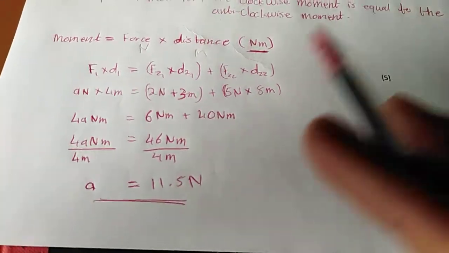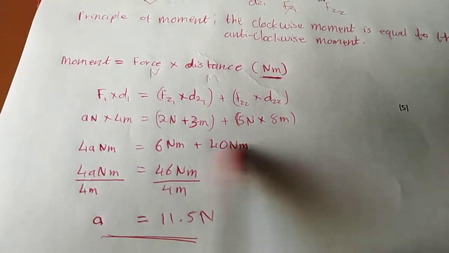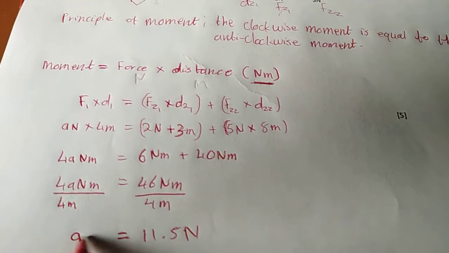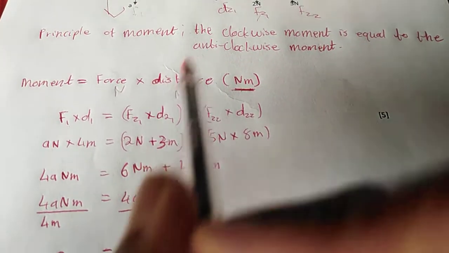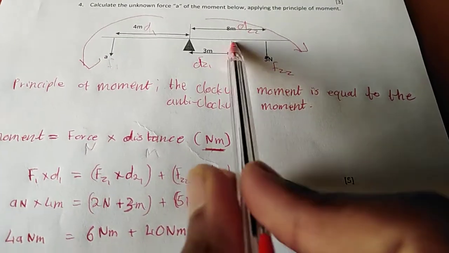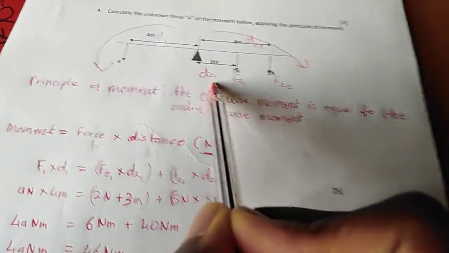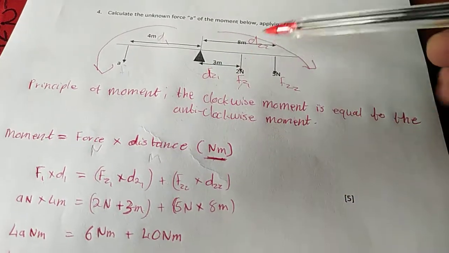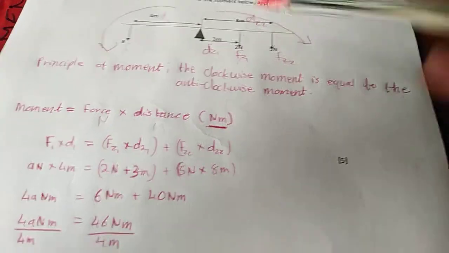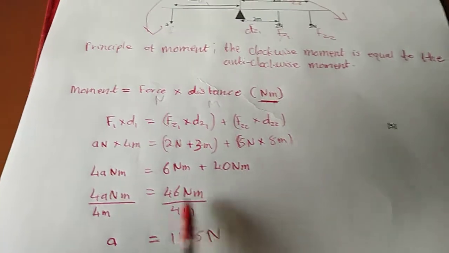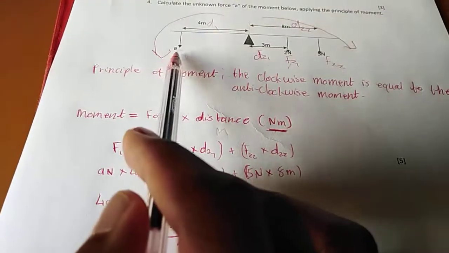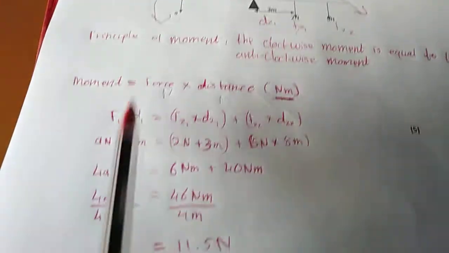Then from there, you are going to solve it algebraically. You are going to solve for the value of A, which means that you add the moment of the 1 and the moment of the 2, and then you end up with 46 Newton meters equal to the force that we are looking for times 4 meters.